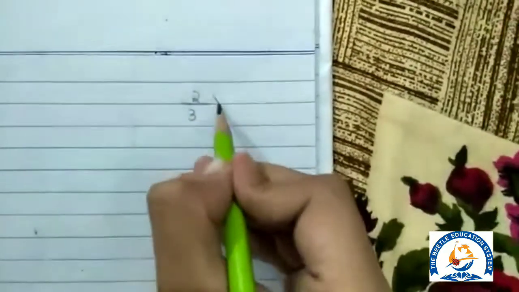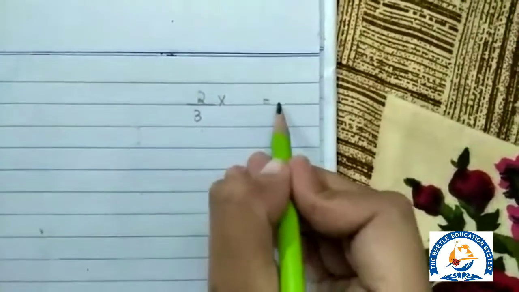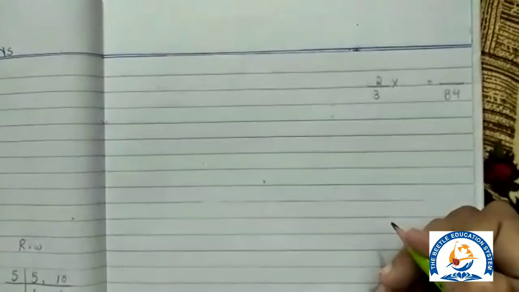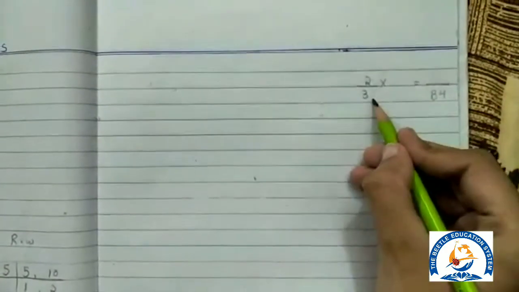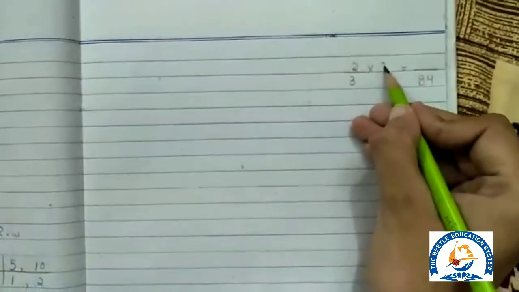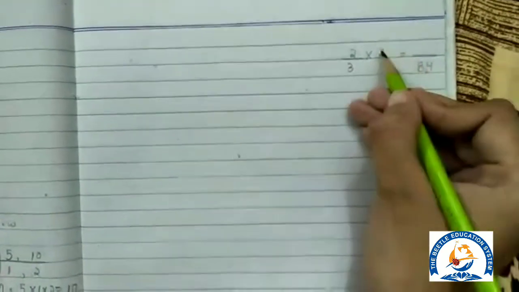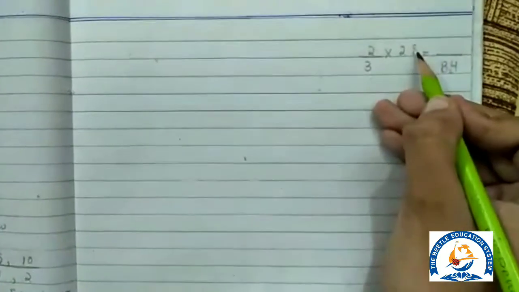Here we have 3 in the denominator and we again want 84 in the denominator. Again we will divide 84 by 3. 3 two times is 6, 2 will remain, it will become 24, and 3 eight times is 24.